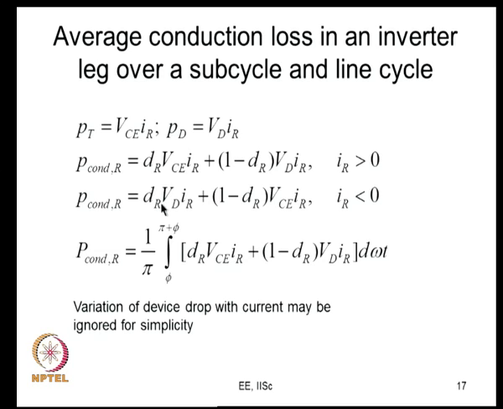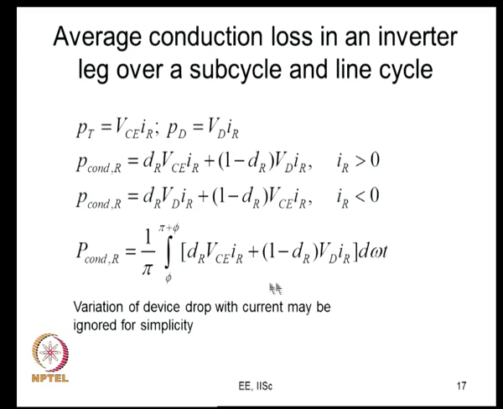If A is the duty ratio in a given subcycle, after 180 degrees what would be the duty ratio? That should be 1 minus A. So, if the switching is done in a symmetric fashion, the losses are symmetric in the positive and negative half cycles.